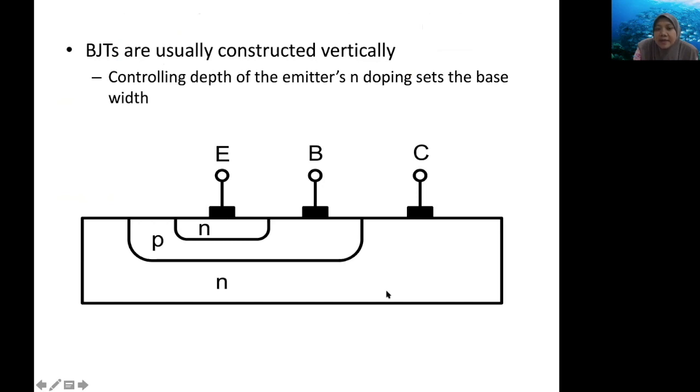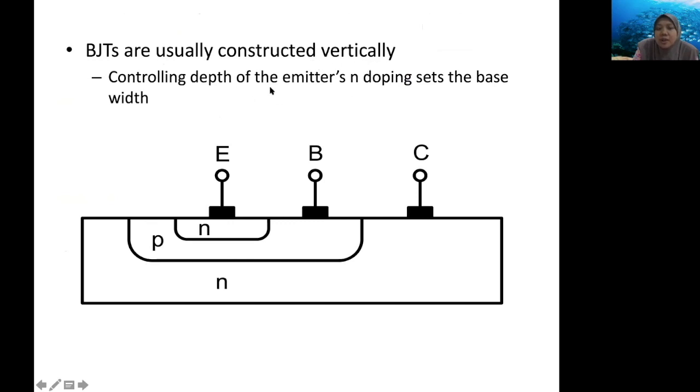In real life, at the factory, first they make everything N. Then they dope this side, the whole P. And then the small side here, they dope N. That's how they do it. That's why BJTs are usually constructed vertically.